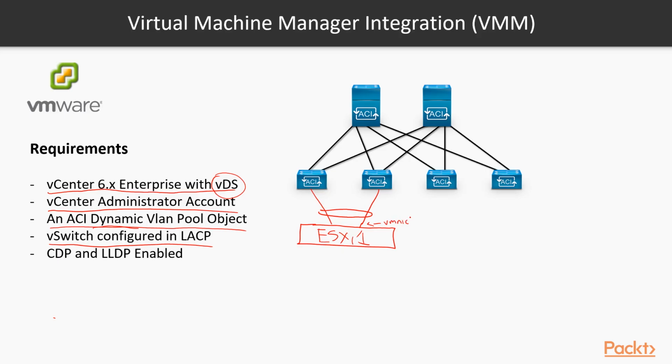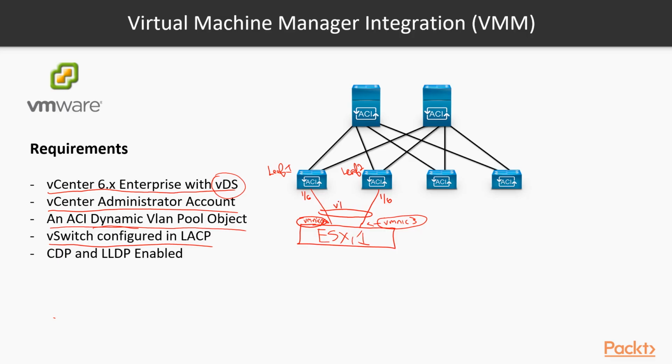I believe it's 3. Yes, this one is 3. And this one is going to be 0. So we have VMNIC 3 and VMNIC 0 going to leaf 1 and leaf 2 over port 1/6, both of them.